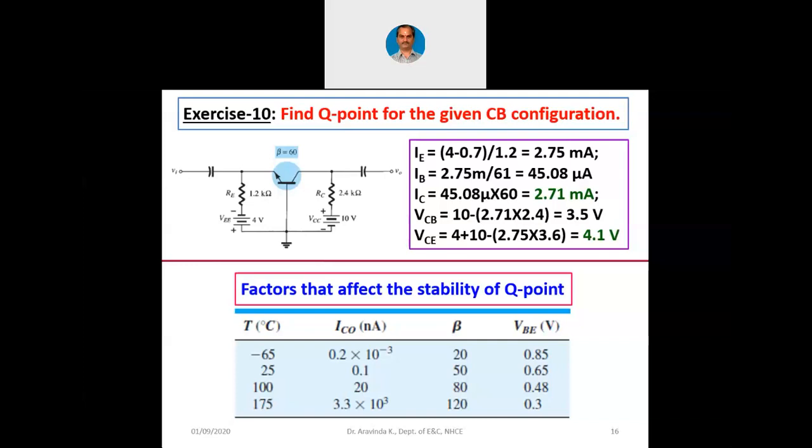Sound signal we cannot see, radio signal we cannot see, but we will have to amplify them. And electrons we cannot see, but we will have to work with the devices where current is because of the flow of electrons itself. So even a small change can result in a much larger change because we are going to use amplifiers.